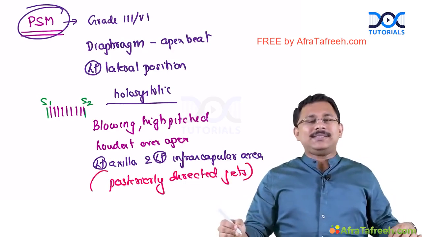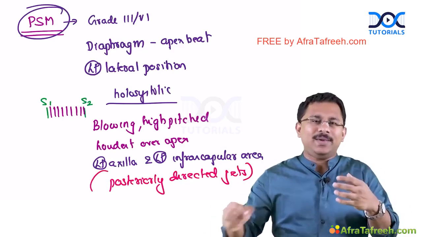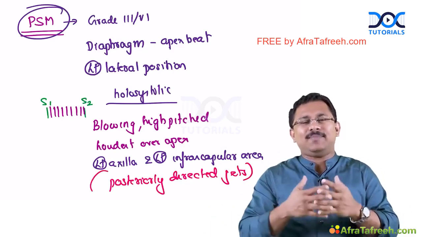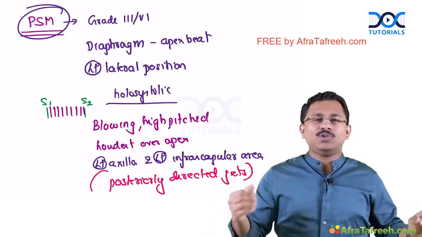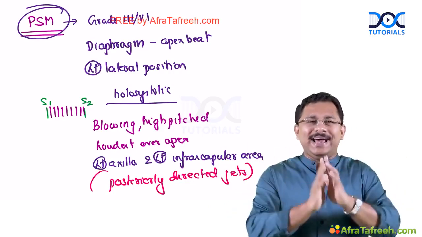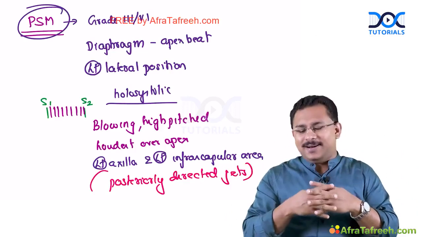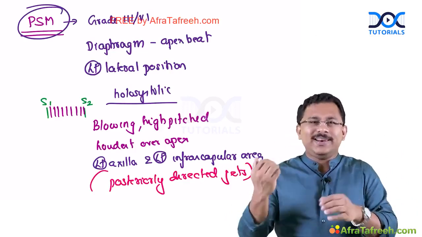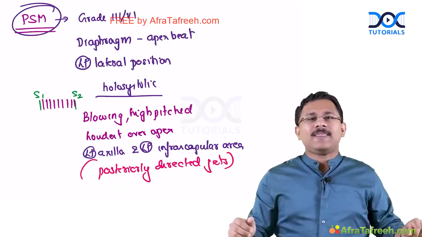See, what happens is, MR can be because of an anterior mitral leaflet problem predominantly or a posterior mitral leaflet problem. So if it is predominantly involving the anterior mitral leaflet, this is a posteriorly directed jet.